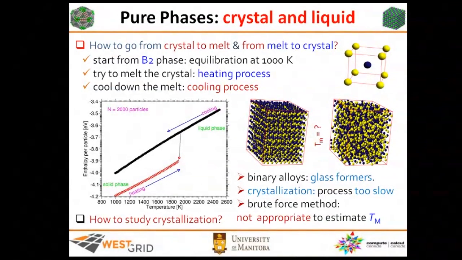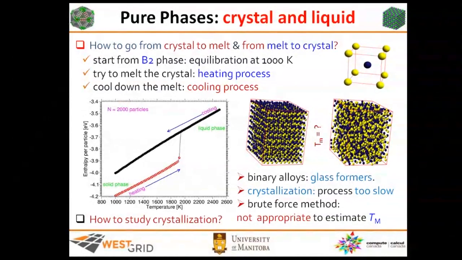After that, we quench the system to low temperature. From that system, we can start the simulation. Depending on which temperature you start the simulation, the whole system can melt or can crystallize.